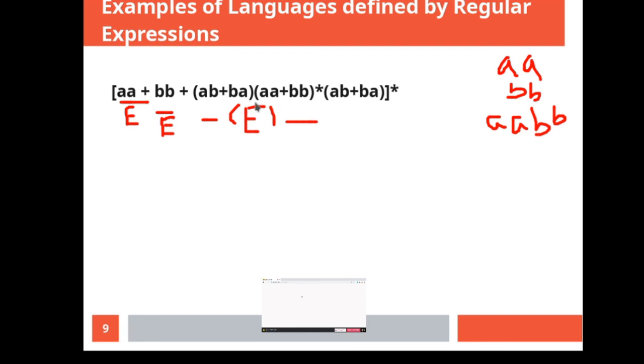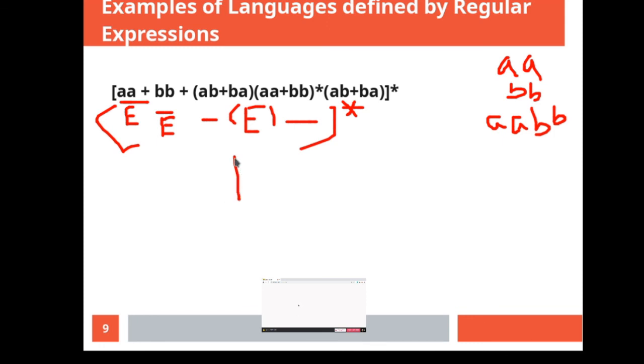And the same goes for BA. If you have chosen BA here, you could have chosen AB or BA, anything, and this would have balanced out. And then you are taking a closure. So if you are taking a closure of an even number of A's and an even number of B's, you are basically forming a language where you have only an even number of A's and only an even number of B's.